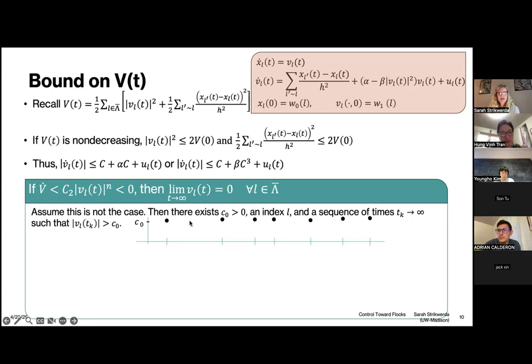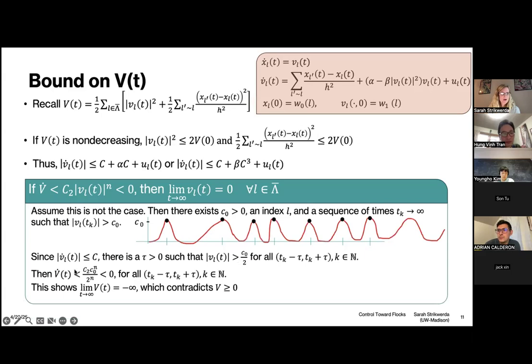So you have these different points at these different times. But we actually know that this VL prime is less than or equal to C. That means we can only get up to this point and decrease back down from this point so fast. We can't do it instantaneously because we have a bound on the velocity.